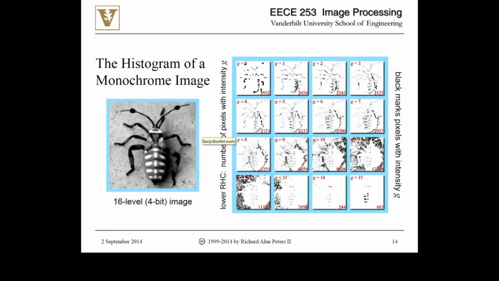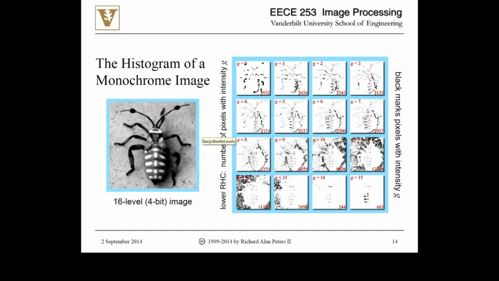If I count how many of them have value 15, there are 603. That is the count that goes to the histogram. Then I can isolate all those pixels that have value 14, and there are 244 of them. And you can do the same for all of them.